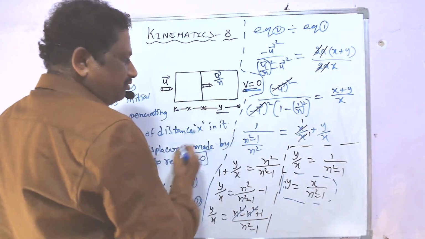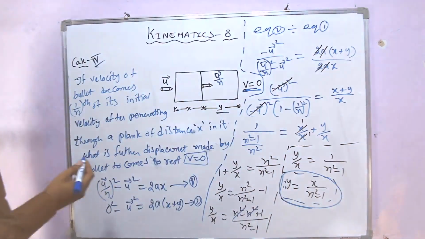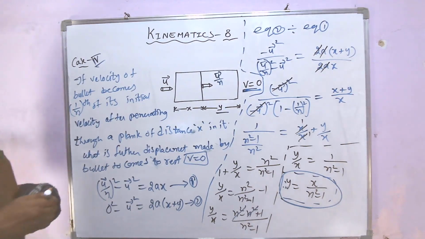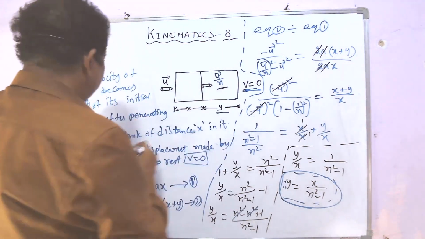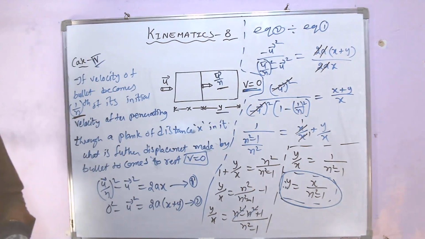It travels distance y, which we calculated here. What you have to remember here is the main thing: the velocity becomes the nth part of the initial velocity. Otherwise we will make some mistakes.